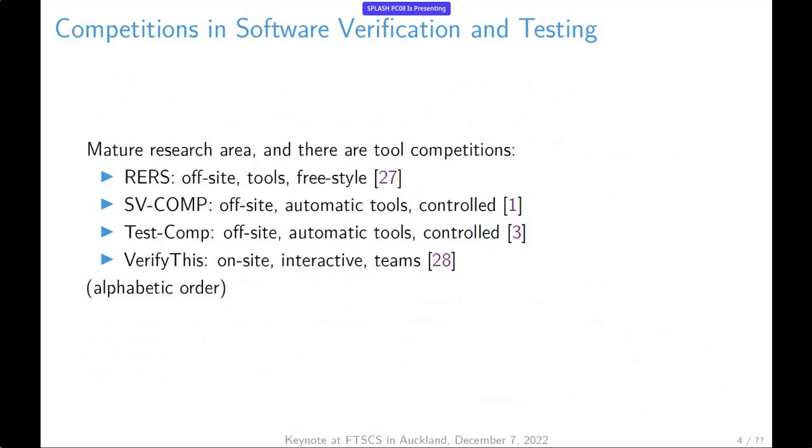There's a test competition where tools are generating test suites to achieve certain coverage. And there is Verify This, which is a competition where tools and verification teams are evaluated. So there, it's all about the interaction between a team and the verification tool. So there's lots going on there.